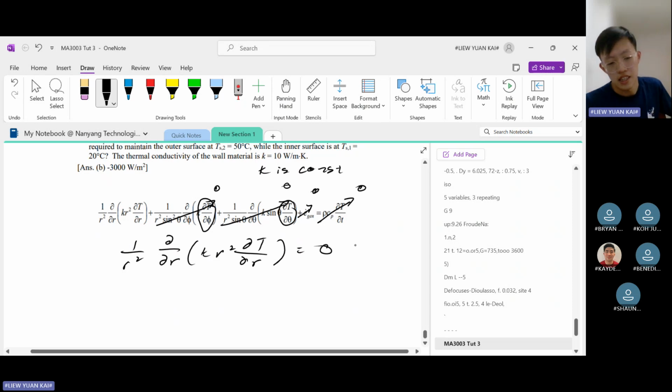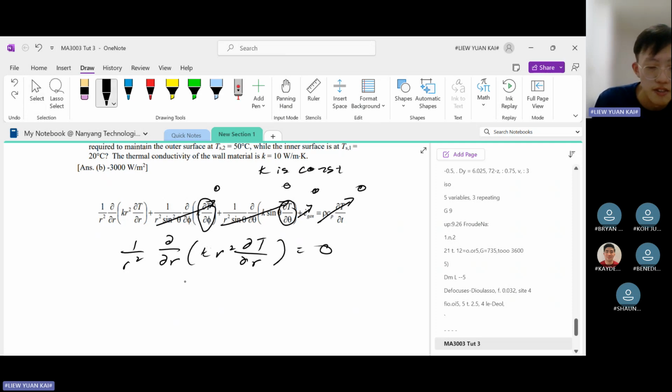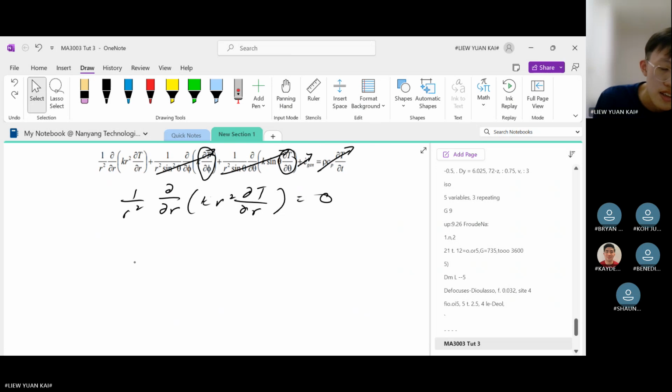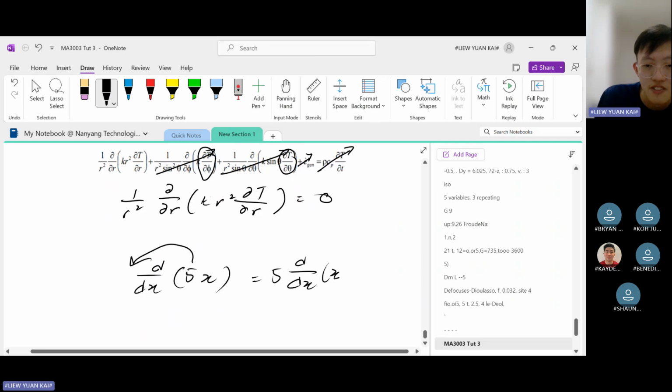This assumption is important because when you know k is constant, you can take it outside of the derivative. Why? Let's do, for example, d/dx of 5x. You know you can take this 5 out, because it's a constant. So this is the same as 5 times d/dx of x. You can only take out this 5 because it's a constant. Likewise, you can only take out this k because it's a constant.